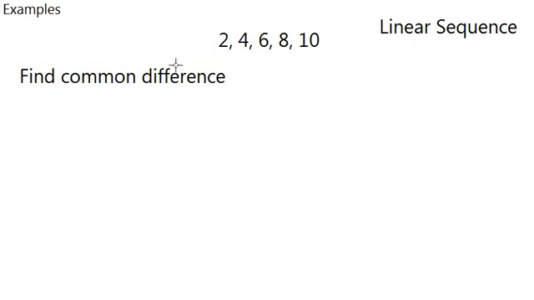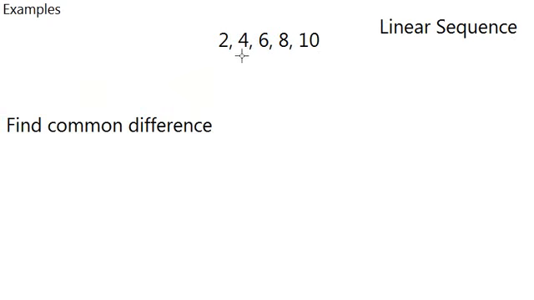From here we can see that 2, 4, 6, 8, 10 has a rhythm of adding 2 each interval. So 2 plus 2 is 4, plus 2 is 6, plus 2 is 8, plus 2 is 10.